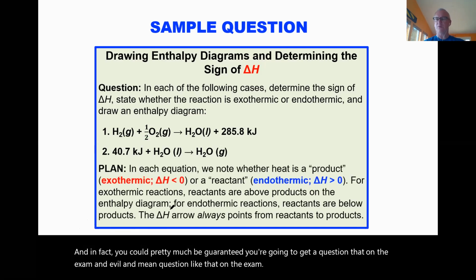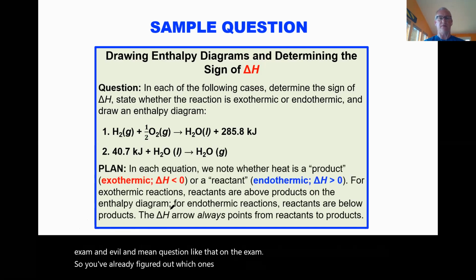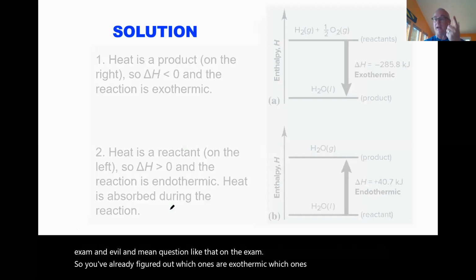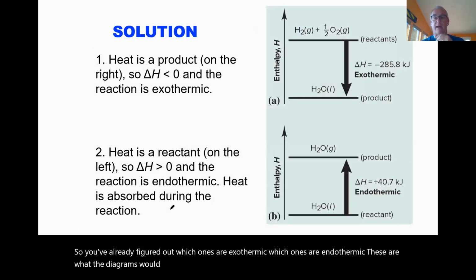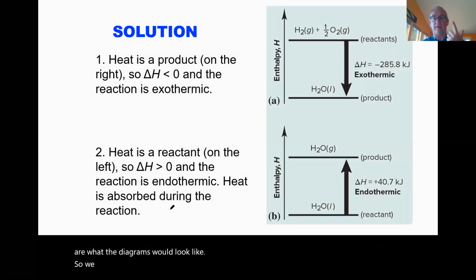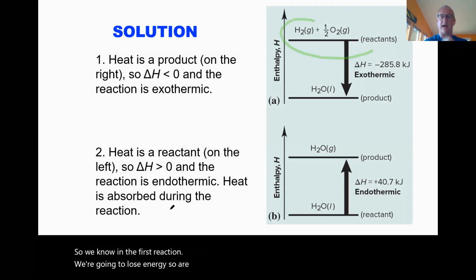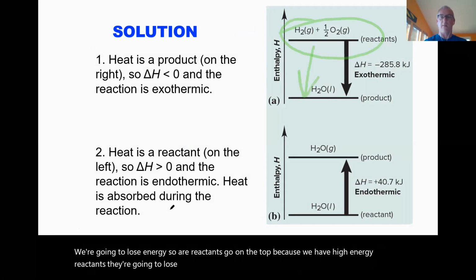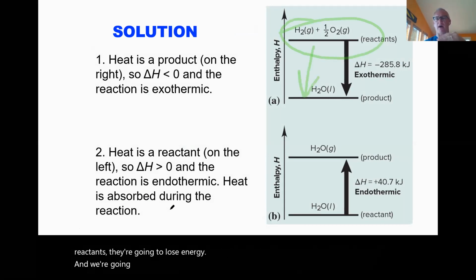So you've already figured out which ones are exothermic and which ones are endothermic. These are what the diagrams would look like. Okay, so we know in the first reaction, we're going to lose energy. So our reactants go on the top. Because we have high energy reactants, they're going to lose energy, and we're going to have a lower energy product because we've lost energy as heat.